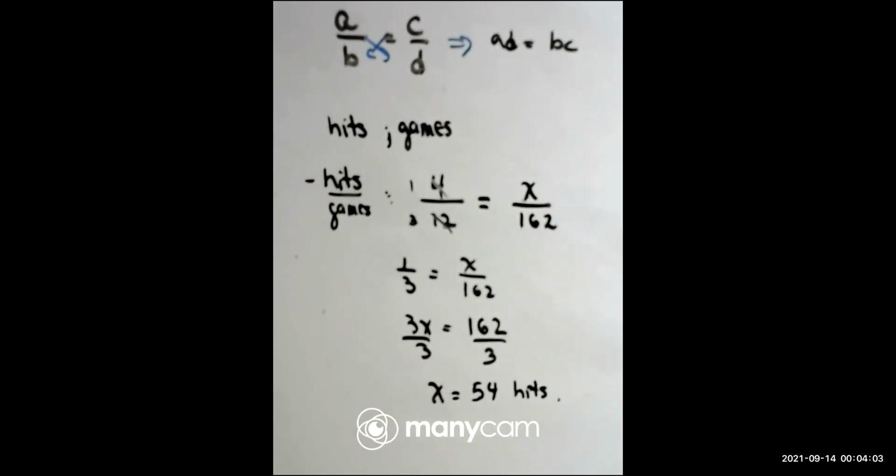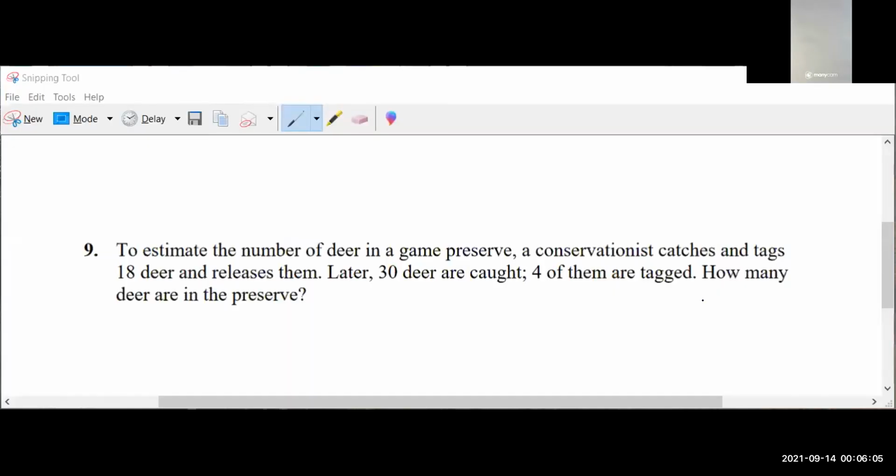Let's try another example of proportion. So what about if we have the following? To estimate the number of deer in a game preserve, a scientist catches and tags 18 deer and releases them. Later, 30 deer are caught, 4 of them are tagged.